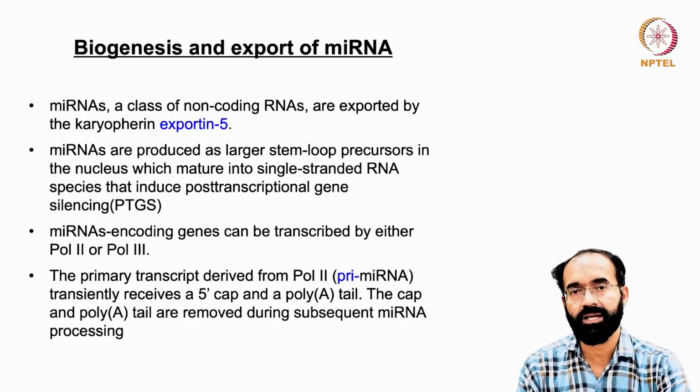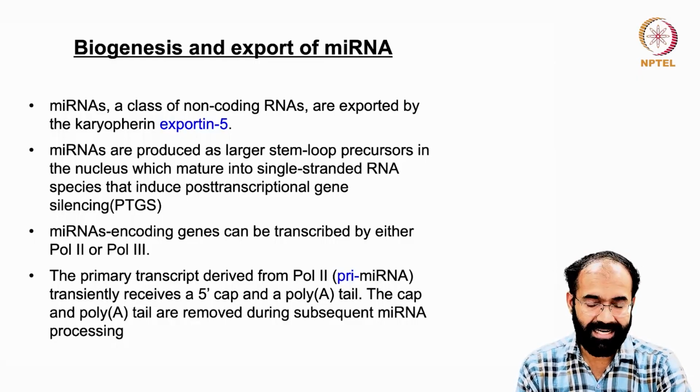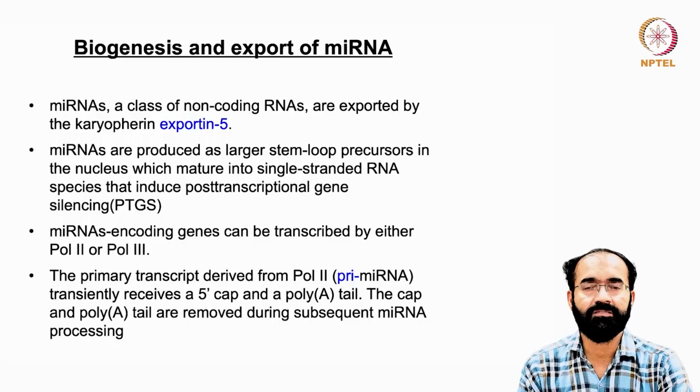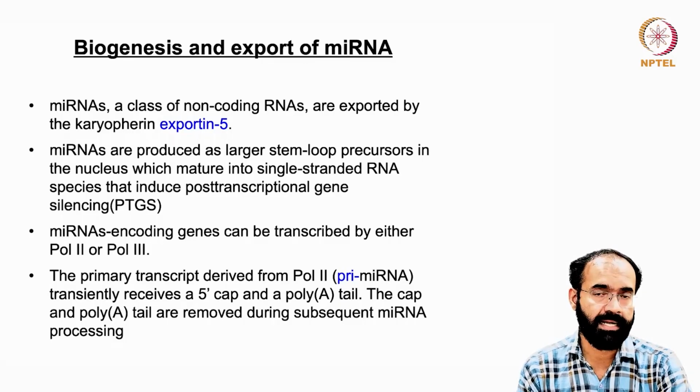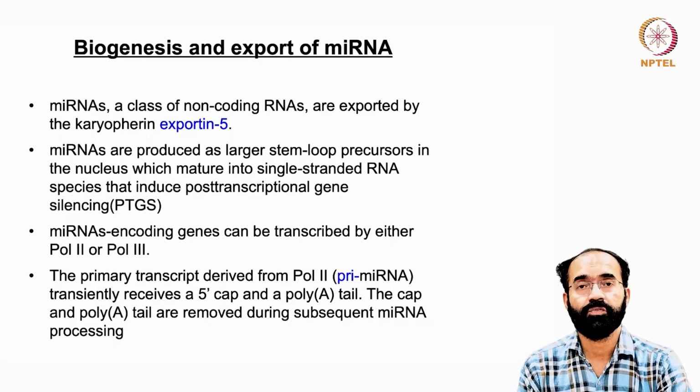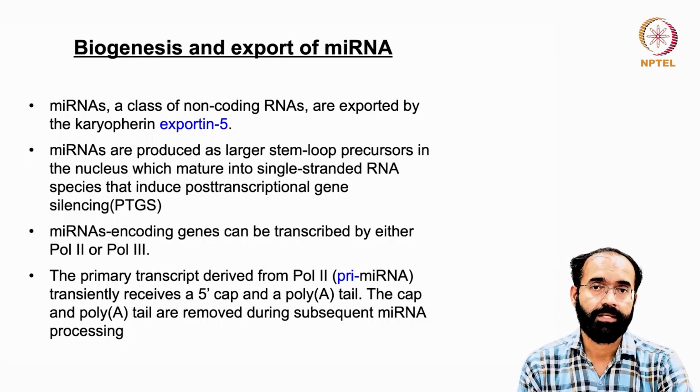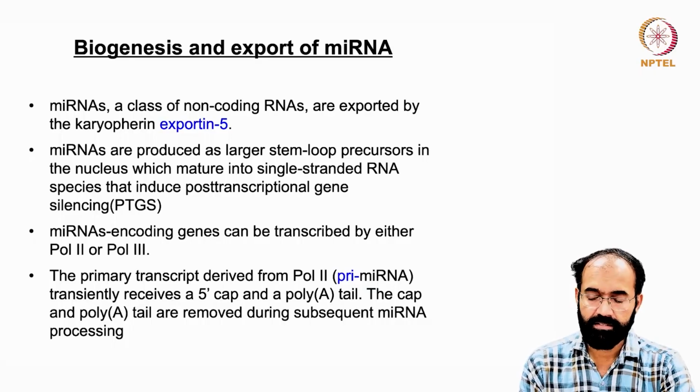Many a time these microRNAs, if they are transcribed, can even have their own 5' cap and 3' tail, which will be removed, because eventually the microRNA is just 22 nucleotides in length and functions in the cytoplasm onto the mRNA target to prevent its translation.